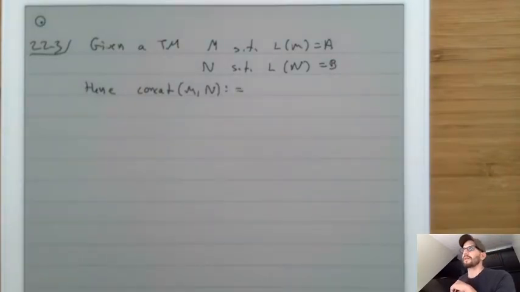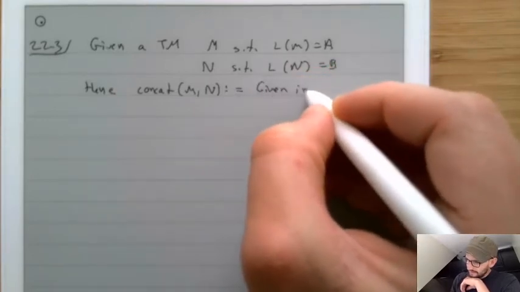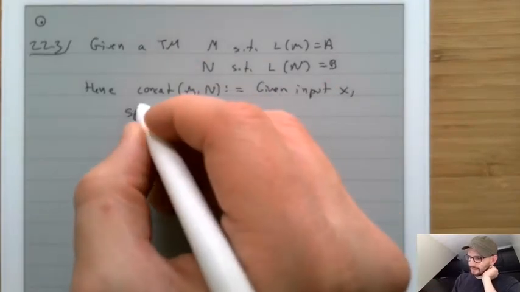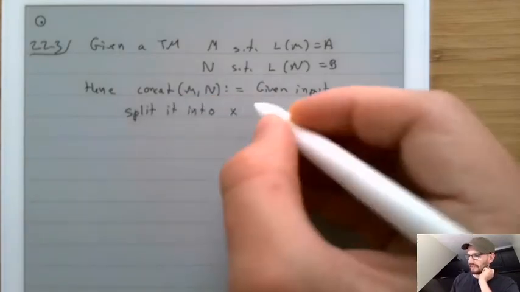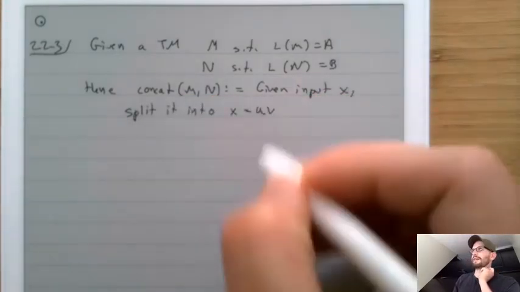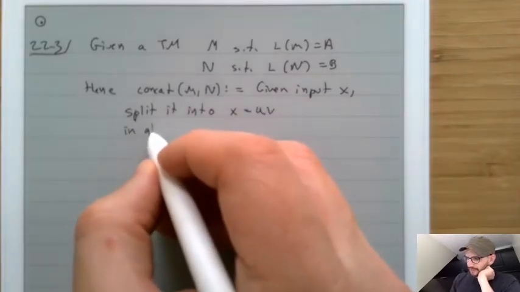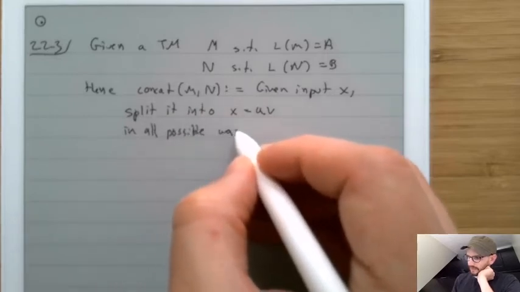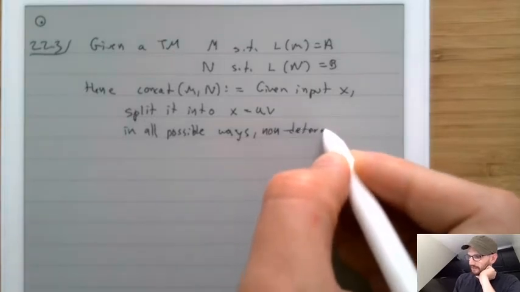Here's what we're going to do. Given input x, we're going to split it into x equals uv, and we're going to do that in all possible ways non-deterministically. And I'll talk in a moment about how exactly we do that.